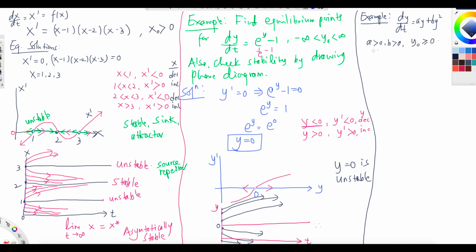Okay, so we need to find the equilibrium solution. We need to find this out. We need to test the stability using the phase plane, or you can say phase line.